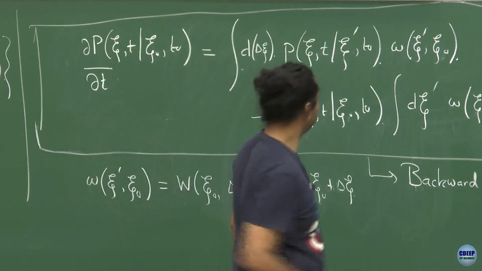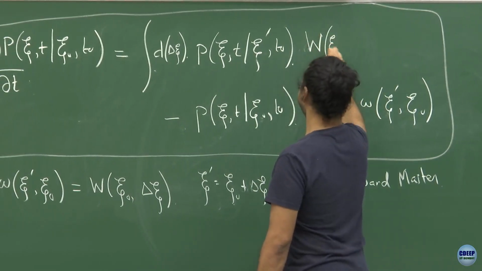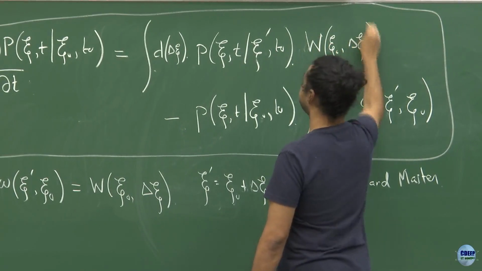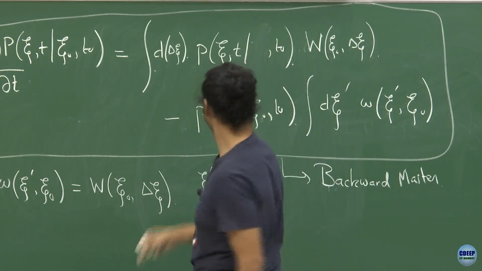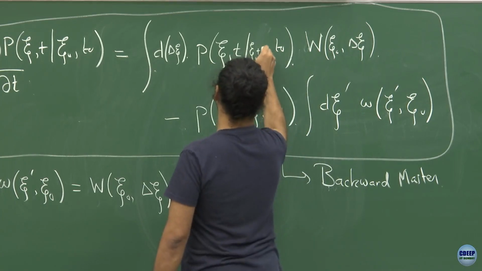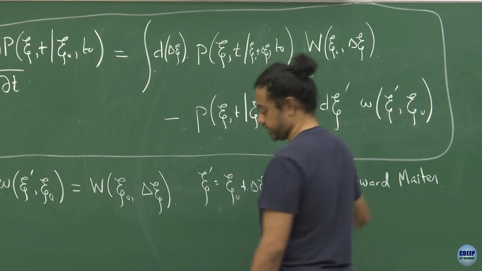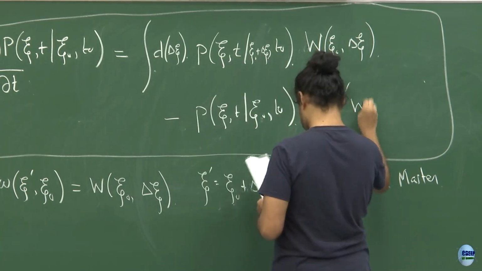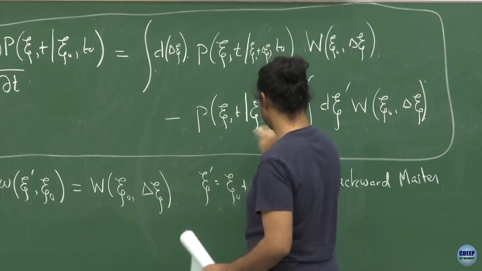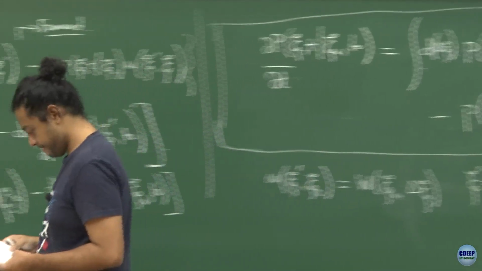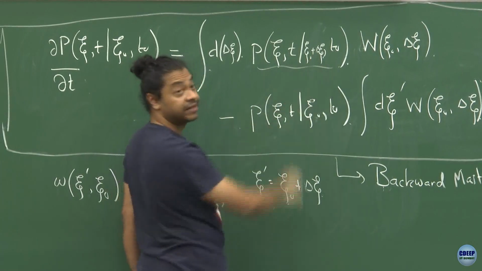So, I will rewrite this: small w becomes capital W of the initial state and jump size. This xi prime becomes xi naught plus jump size, right. Here I have again W of xi naught and jump size. Okay. So, again what I will do is a Taylor series expansion of this in terms of delta xi.